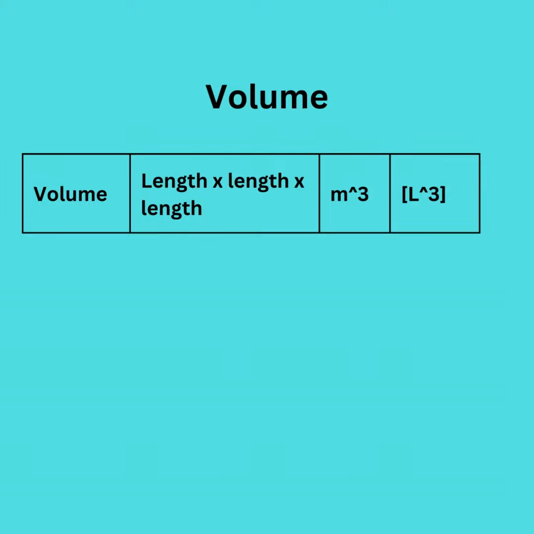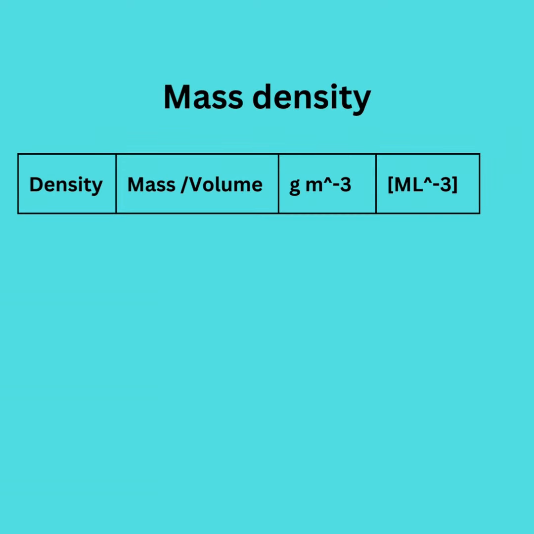Now coming to mass density. Do any of you know the formula of density? Yes, you are right. Mass density formula is mass per volume. How do you find the dimensions for mass per volume? Now coming to mass.